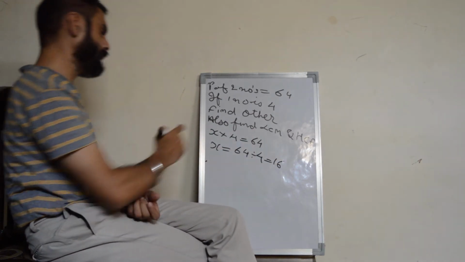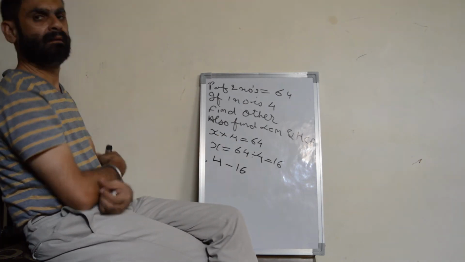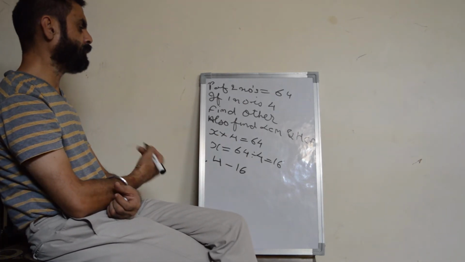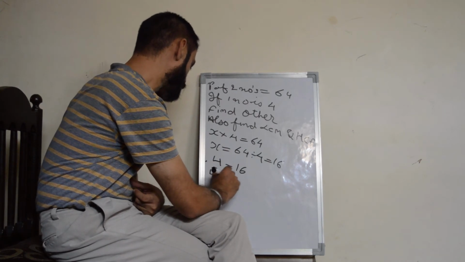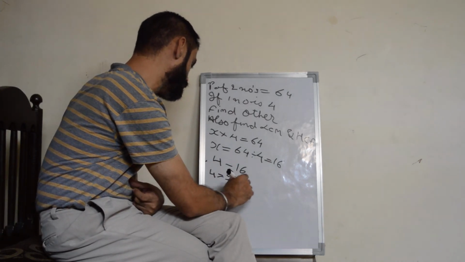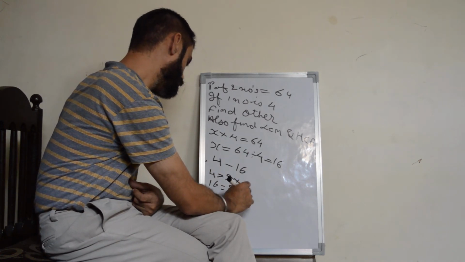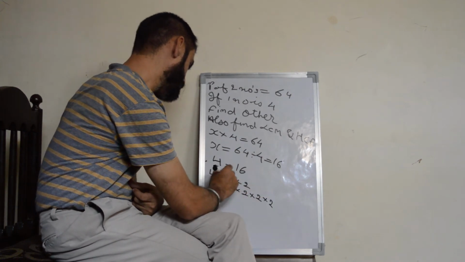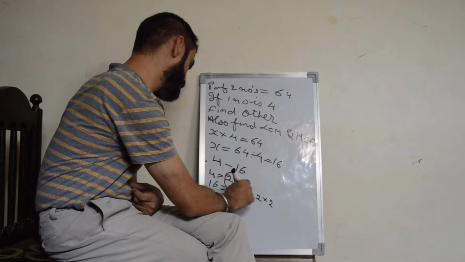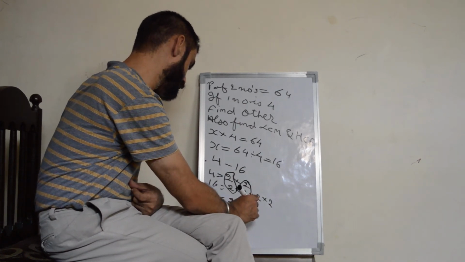Now we have got two numbers, 4 and 16. Right? Now if we have to find the LCM of 4 and 16. The factors of 4 are 2 into 2 and the factors of 16 are 2 into 2 into 2 into 2. So here this 2 and this 2, that means 2 into 2, that is 4.